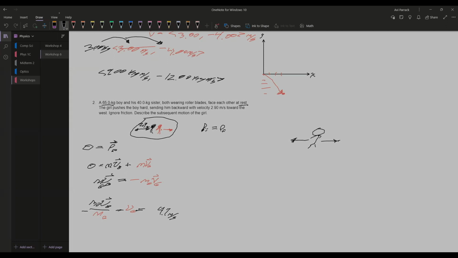And I'm sorry, it's negative, because it's in the opposite direction of west. So we can say this is a velocity to the east, or we can say it's negative to the west, whatever you want, it doesn't matter. And we've described the motion of the girl. We have this velocity vector. To say it really clearly, 4.7 meters per second eastward.